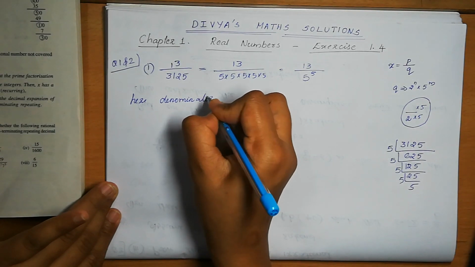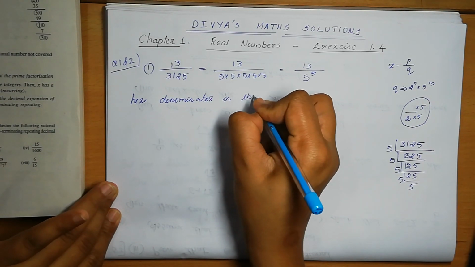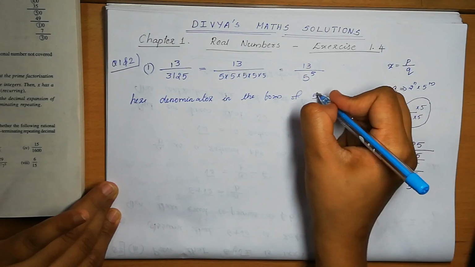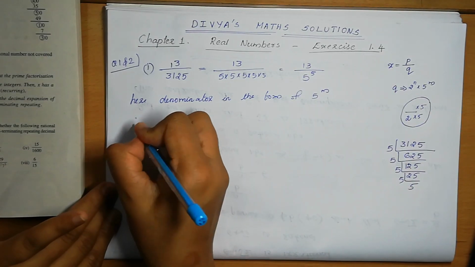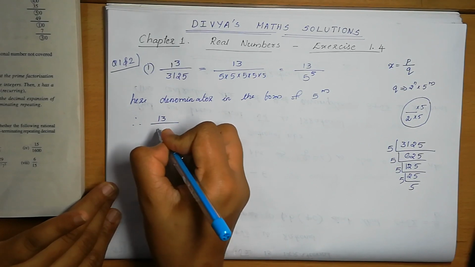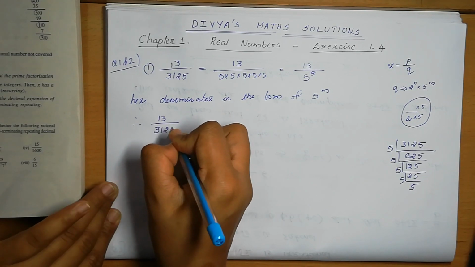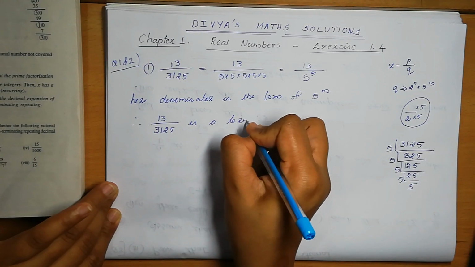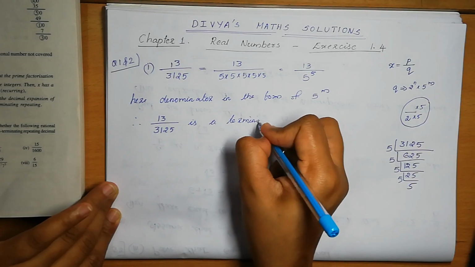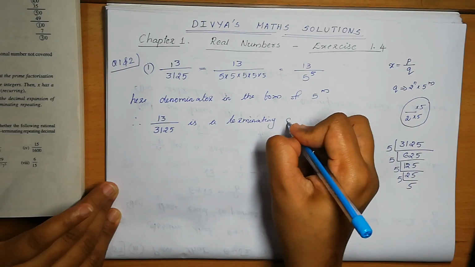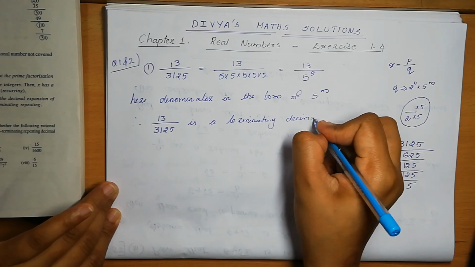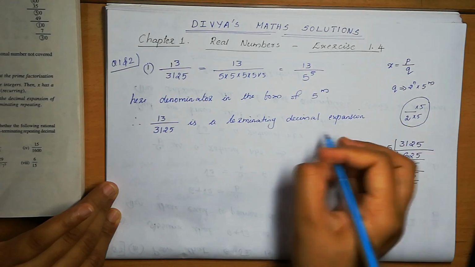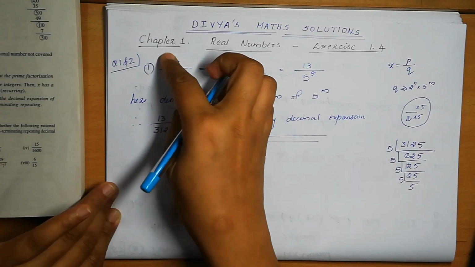Therefore 13 divided by 3125 is a terminating decimal expansion. This is the question number 1 part.